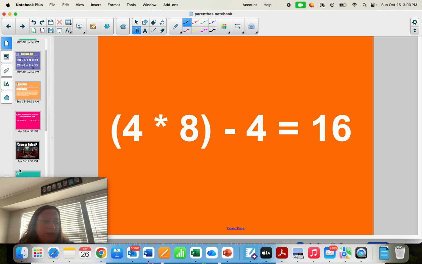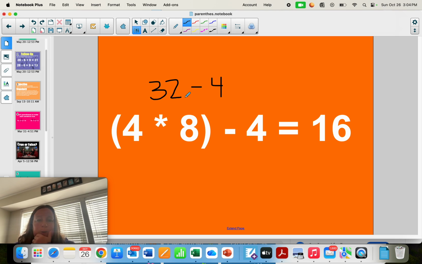Go ahead and copy this down for me. 4 times 8 in parentheses minus 4 equals 16. All right. And we know 4 times 8 is in parentheses, so I have to do that first. So help me figure out 4 times 8. 4, 8, 12, 16, 20, 24, 28, 32. So I'm going to put 32 on top, 32, and then I need to do the minus 4.